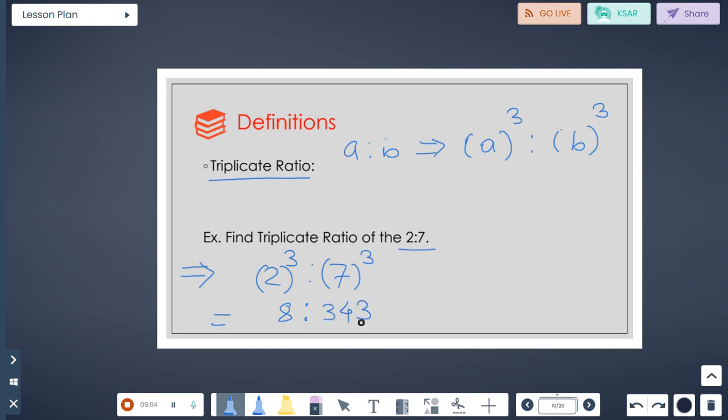So 8 is to 343 is the triplicate ratio of 2:7. When we have to find the triplicate ratio, we simply find the cube of that ratio.